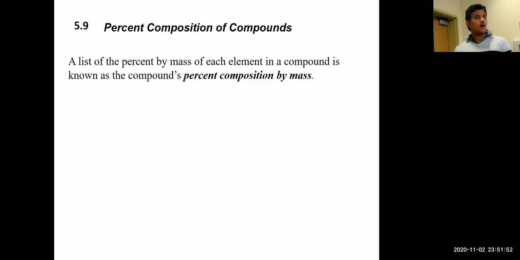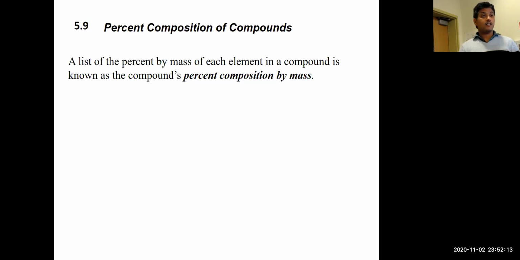All right, in part 9 of chapter 5, we are going to talk about percent composition of compounds. It is a list of the percent by mass of each element in a compound, out of the whole molecular mass.